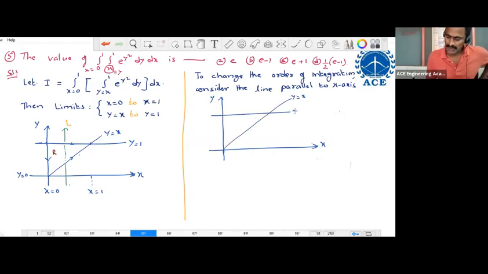This is y equal to x, this is y equal to 1, y equal to 0, y equal to 1. It is our region of integration.